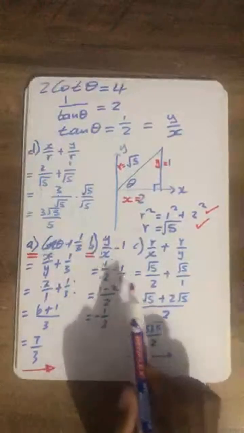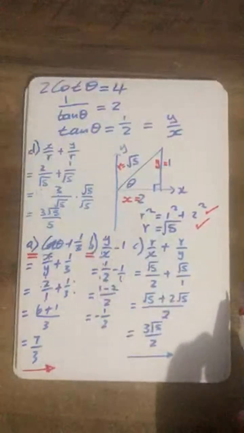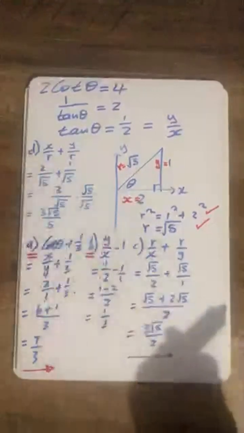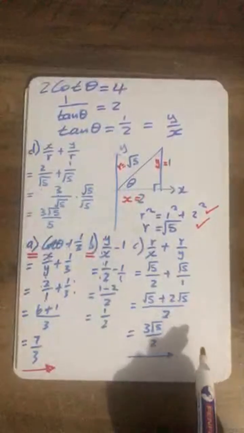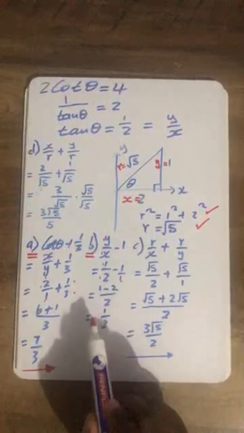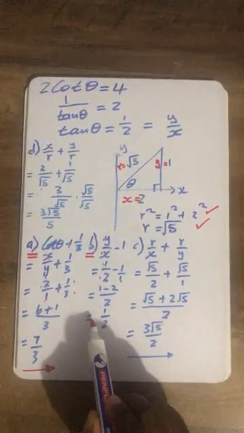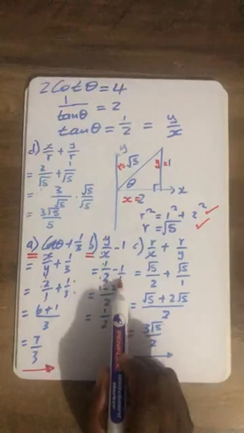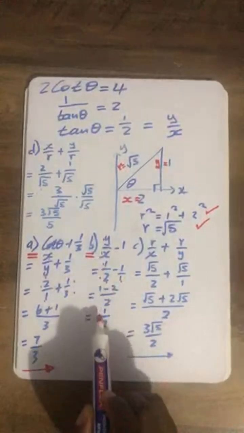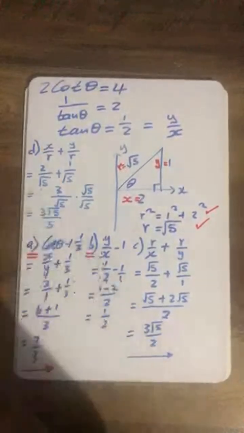You multiply each term by your LCD. And then you have 1 minus 2 at the top. That is because your LCD is 2. And then when you multiply that, 2 will cancel with that. You have a 1. Okay, yes.